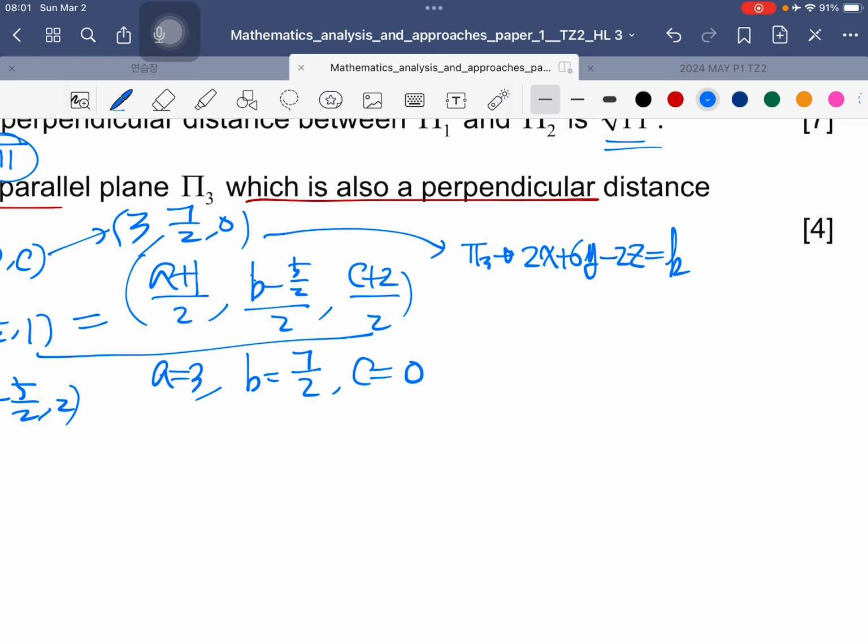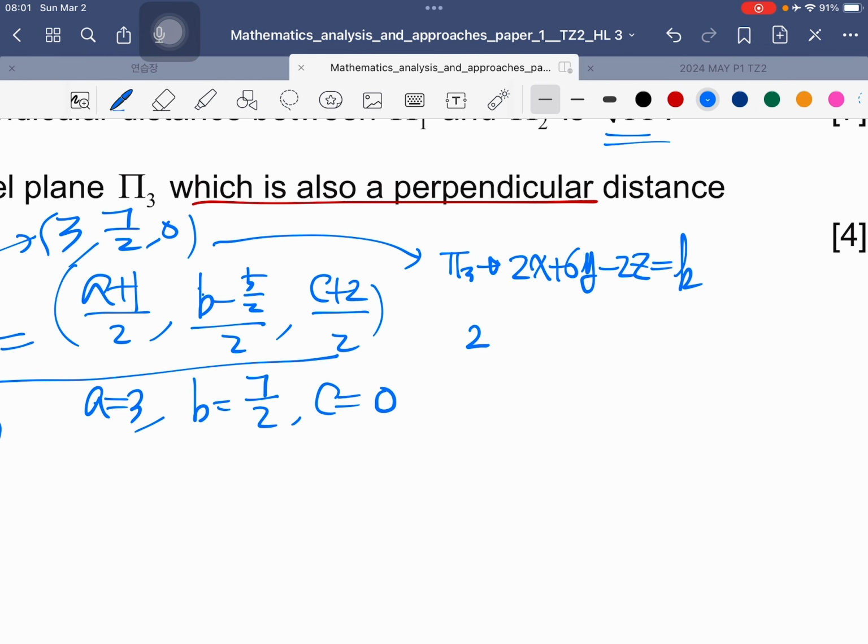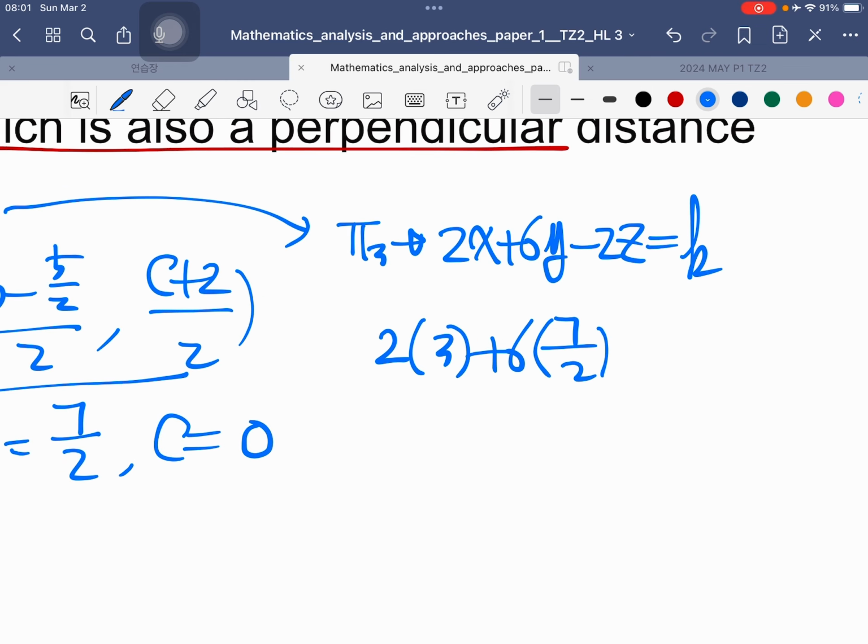So plug in: 2 times x is 3, plus 6 times y is 7 over 2, minus 2 times 0 should be k.